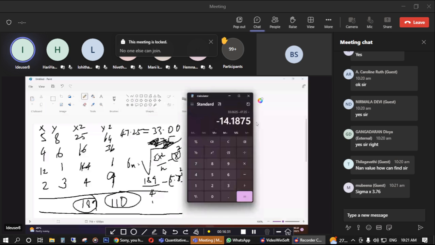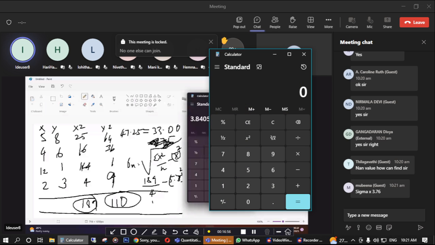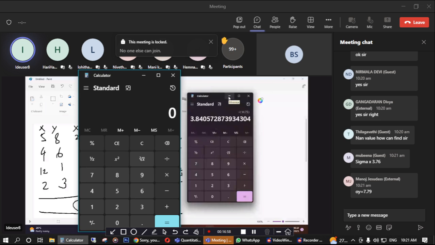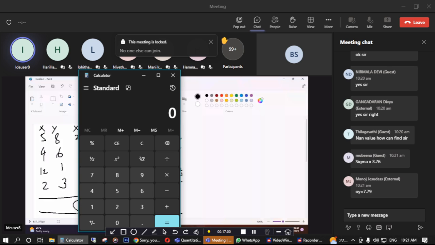The square root of 14.18 is 3.84. The reason for not getting the square root earlier is there was a negative sign. A negative sign gives a math error. Okay. So 3.84 is your sigma x.